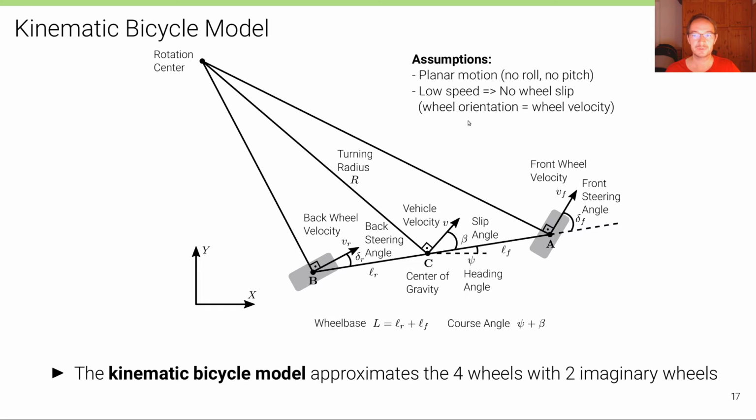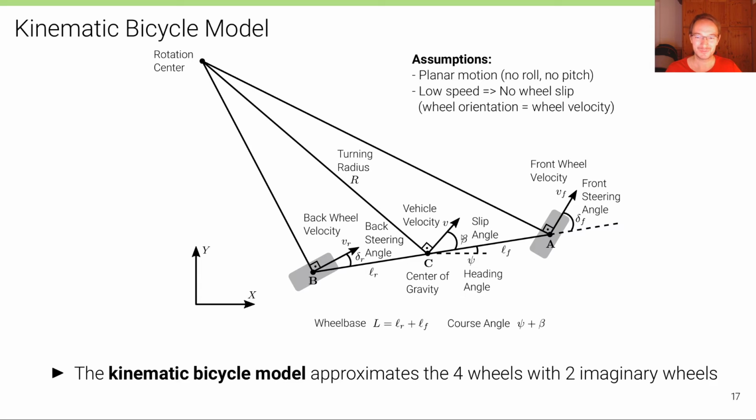And through this assumption of no wheel slip, we also know that the velocity of the rear wheel and the front wheel is into the direction of the wheels, which means that the wheels are actually also orthogonal to the lines connecting the rotation center and the center of the wheels. Similar to how the velocity of the front wheel and the velocity of the rear wheel are orthogonal to these lines.